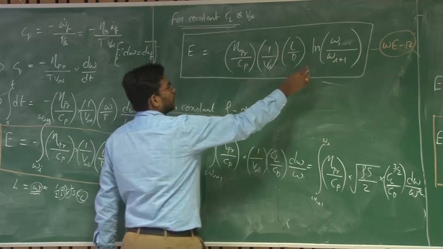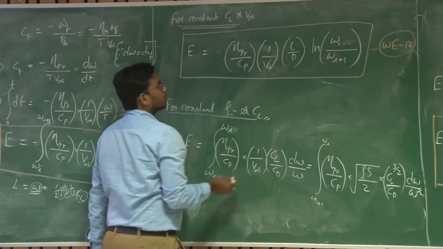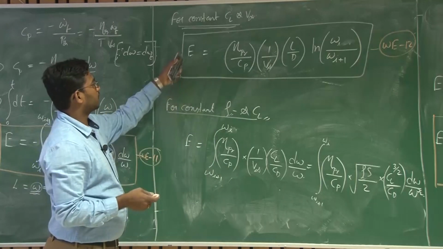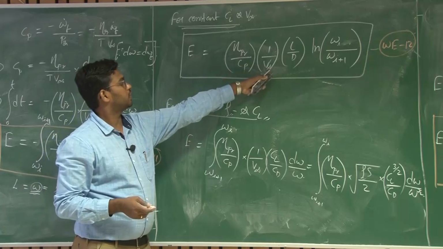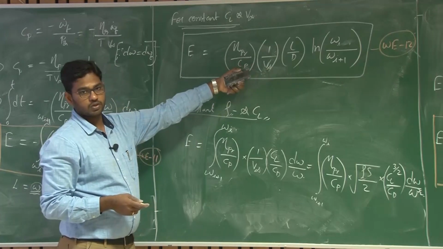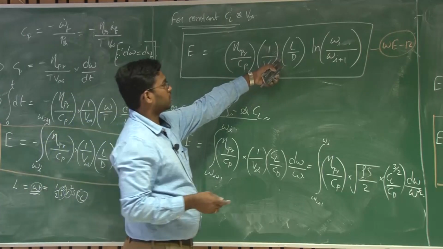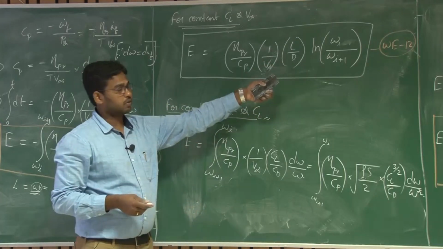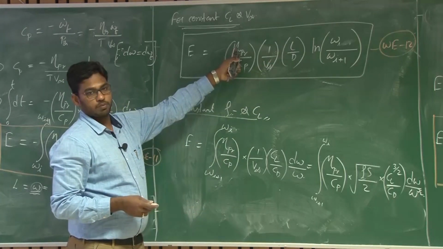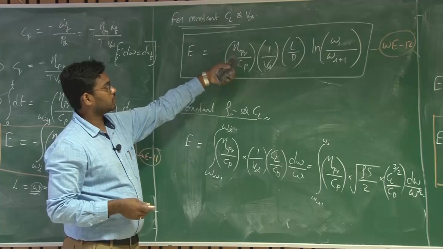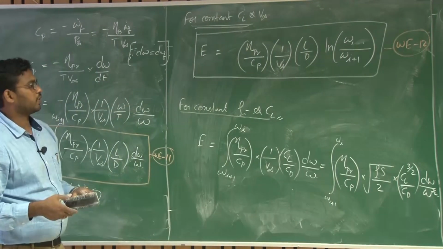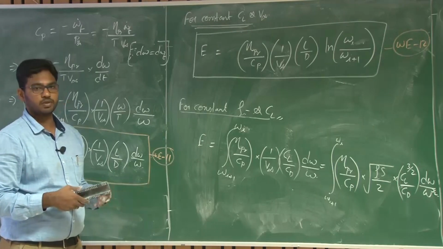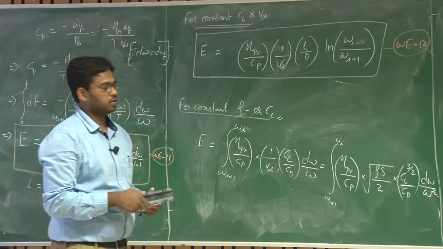If you want to find out Wi by Wi plus 1, all you have to do is multiply the given endurance by Cp and V infinity. V infinity is the corresponding velocity of flight, and you should know the corresponding L by D and the propeller efficiency as well, right. Once you know this, then you will be able to find out the weight fraction. So we will do a small example once we discuss this weight estimation as well as wing sizing, right.